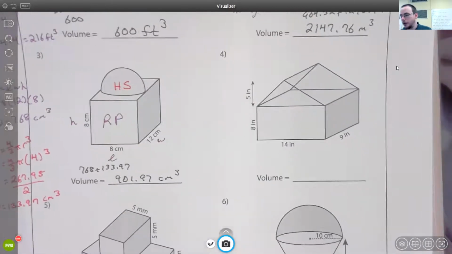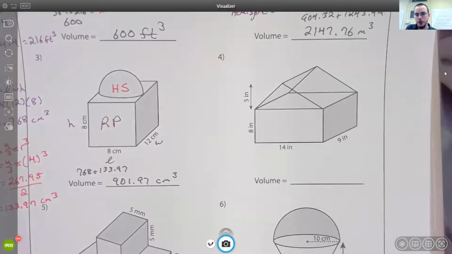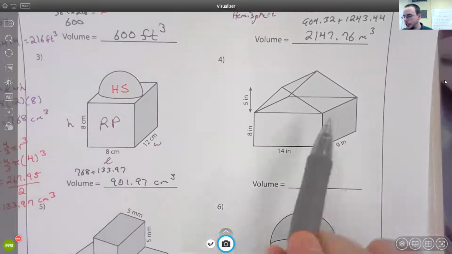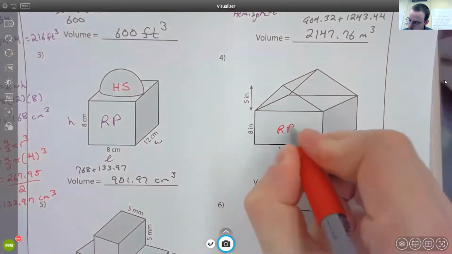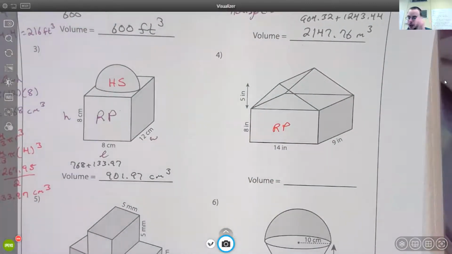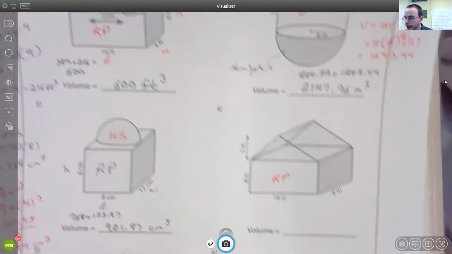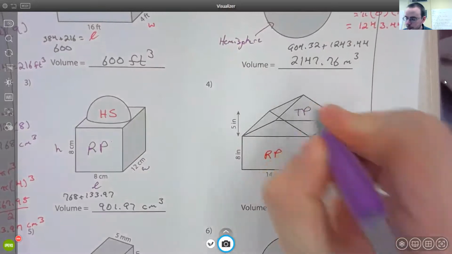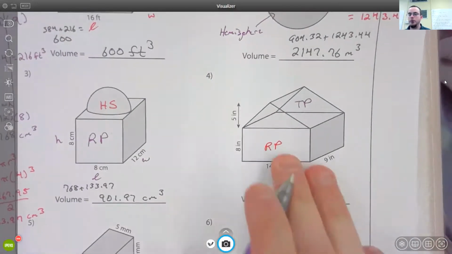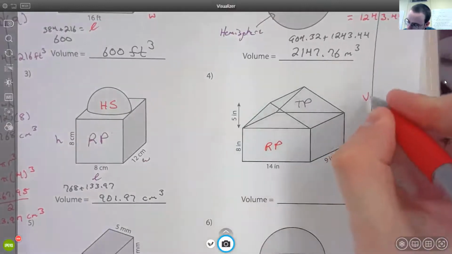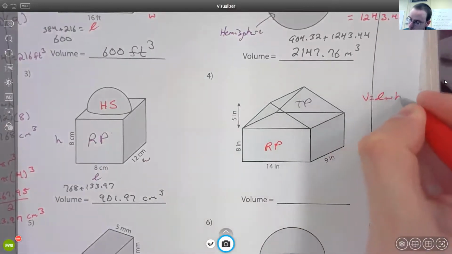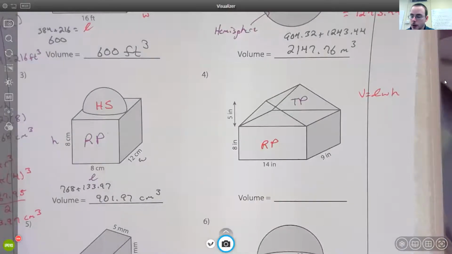And number four, what shapes do you see? Well, you should see on the bottom that we have a rectangular prism. And on the top, you should see that we have a triangular prism. So we'll find the rectangular prism first because it's the simplest. The volume of a rectangular prism is given to us by length times width times height.